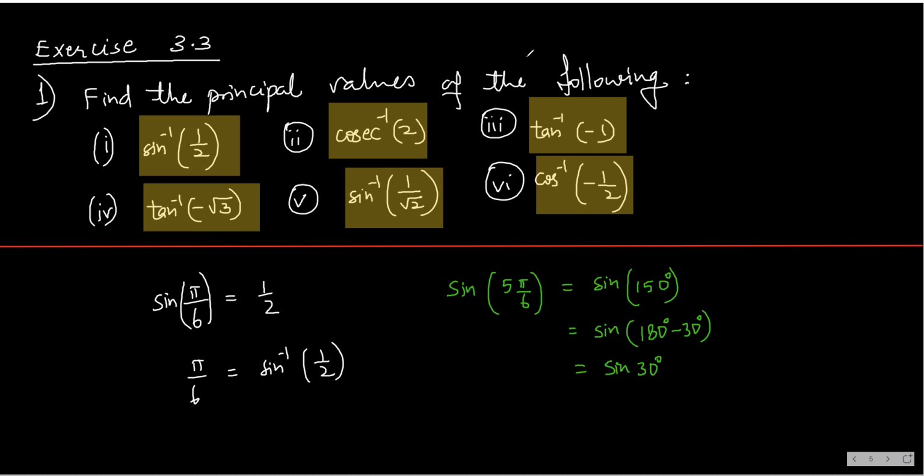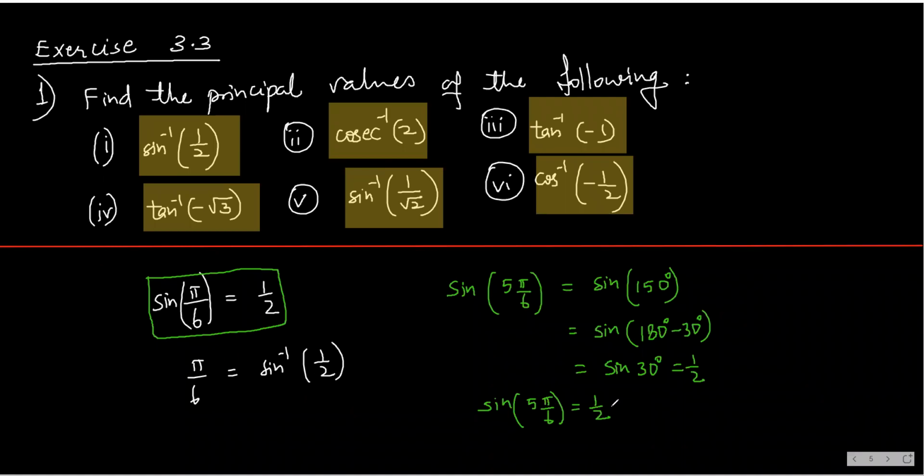Now what is sine 30 degrees? Sine 30 degrees is 1 by 2. So what I wanted to tell you is, sine of 5 pi by 6 is also 1 by 2. Check, sine pi by 6 is 1 by 2, and sine 5 pi by 6 is also 1 by 2.